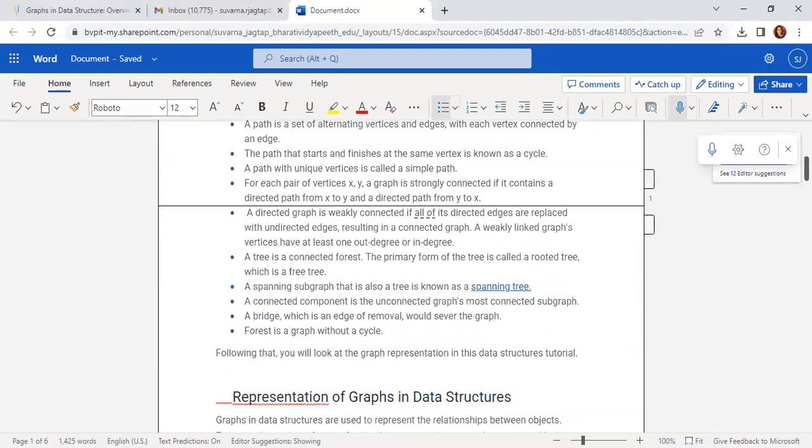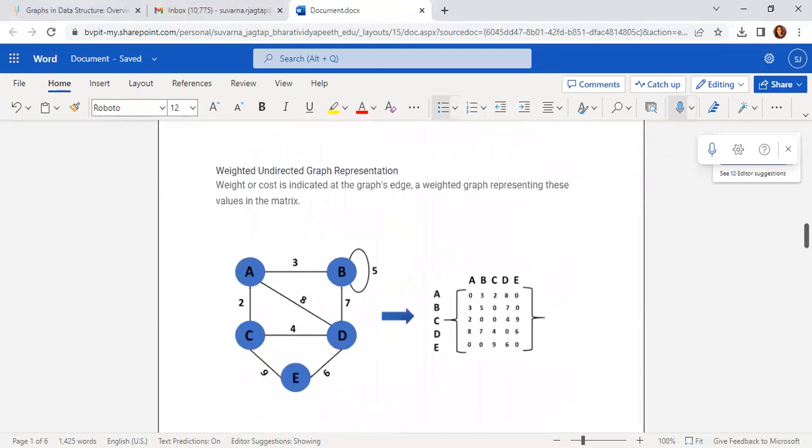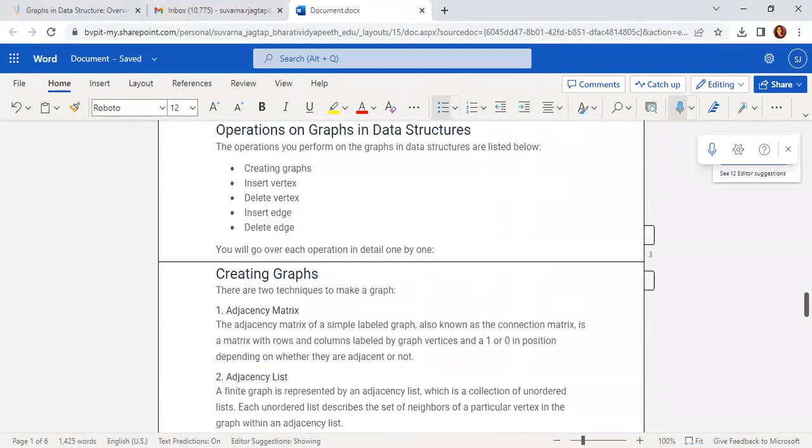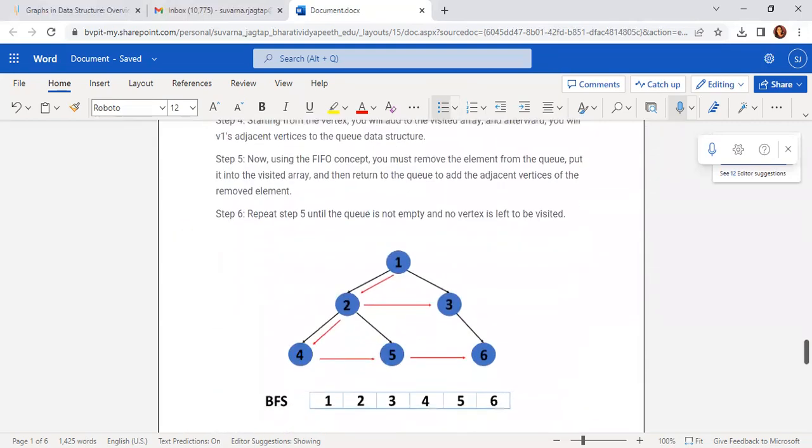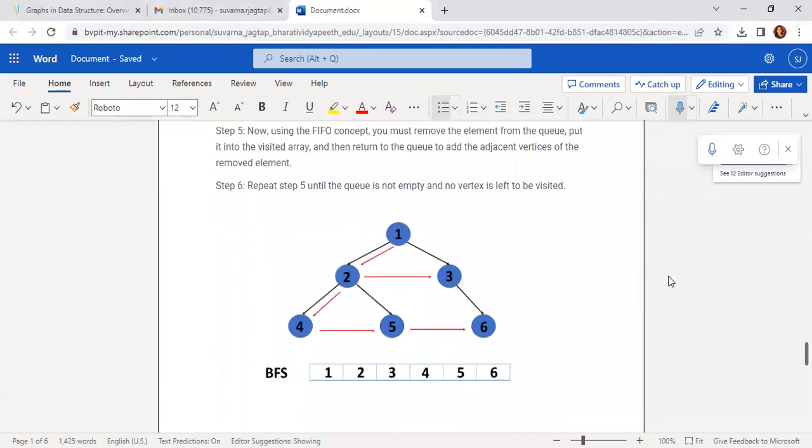So if you talk about BFS, let's see a simple example so that we can understand how it works. As you can see over here, this is a graph. We have to go through this level wise. So we start with visiting the first vertex here as 1.